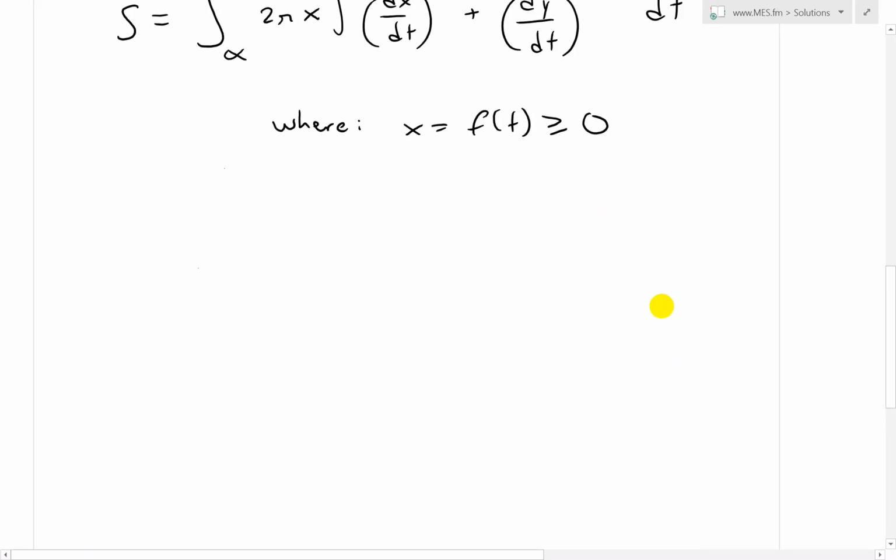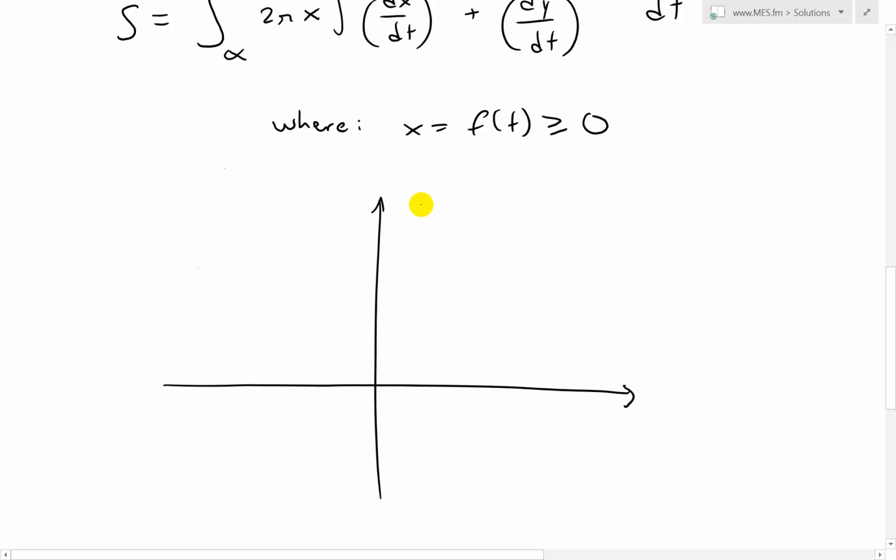So for example, if we graph this out, let's put this in the middle somewhere. If you had a curve, this is the y, this is the x, and let's say this is where x is positive, so we could draw something like this. Let's say we start off from here, where t is equal to alpha, then at this point here t is equal to beta.